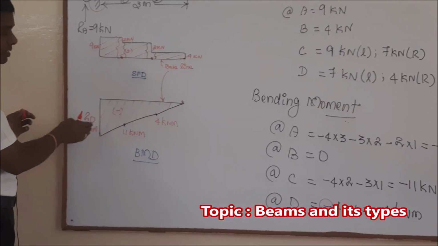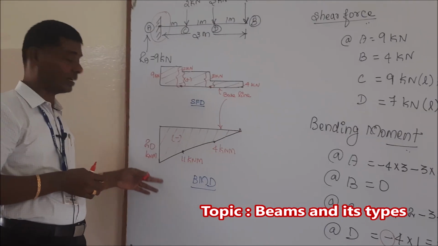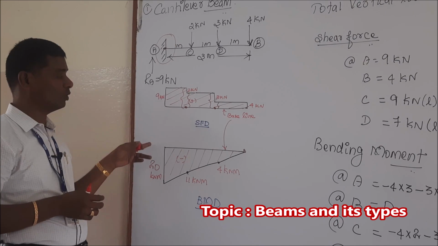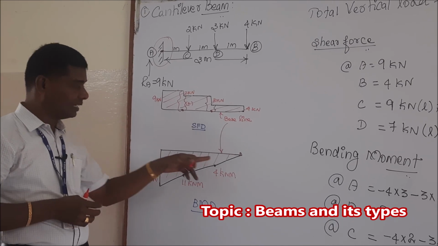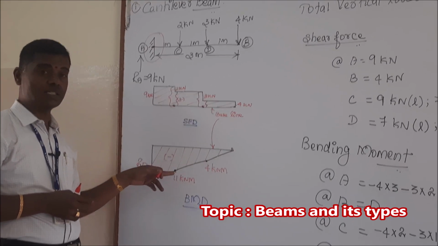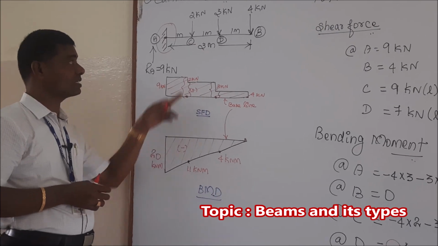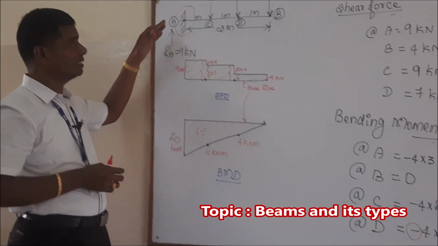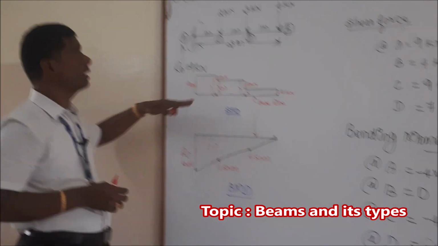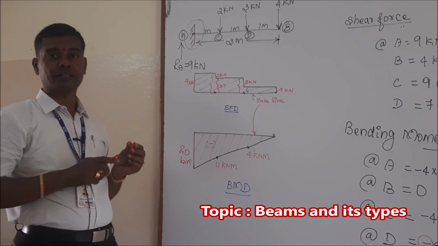If you connect all these points, then we will get the bending moment diagram for this given cantilever beam. Here you connect by using inclined lines because of the point loads, and this is the shear force diagram and bending moment diagram of the given cantilever beam.